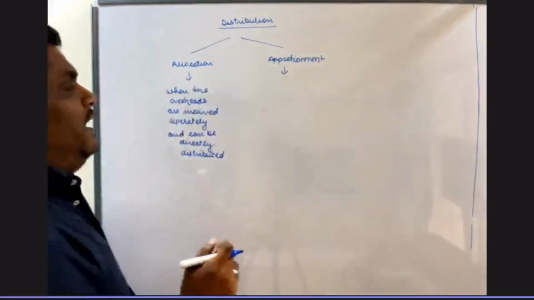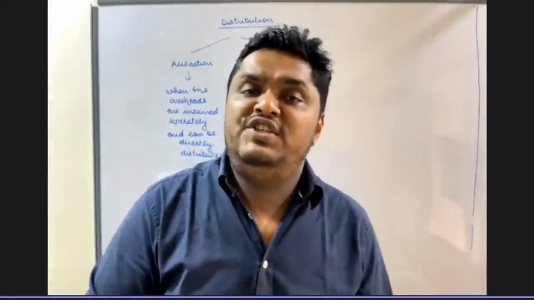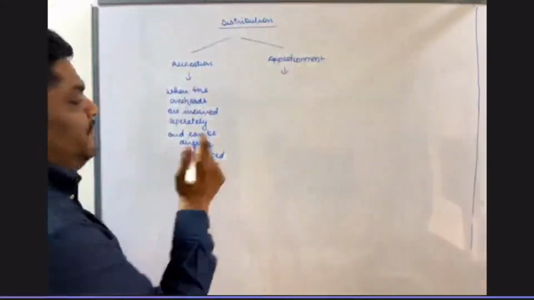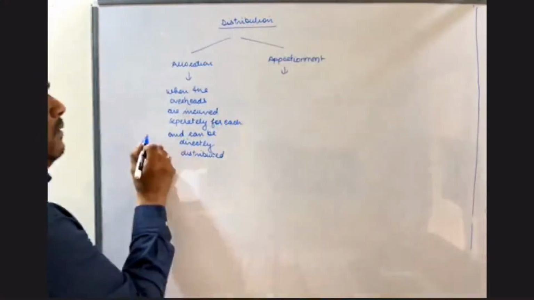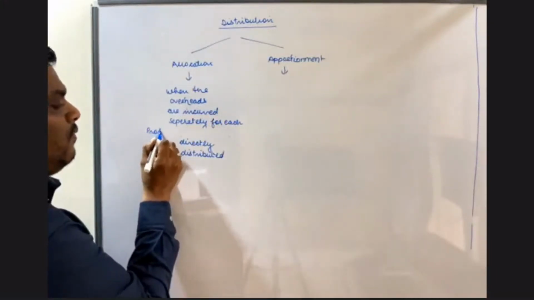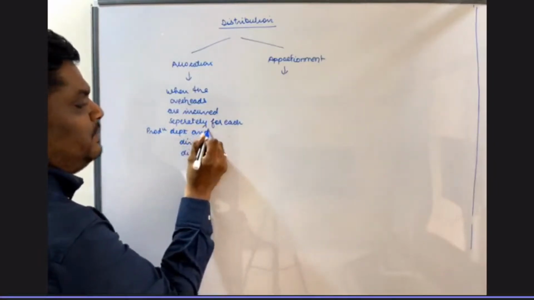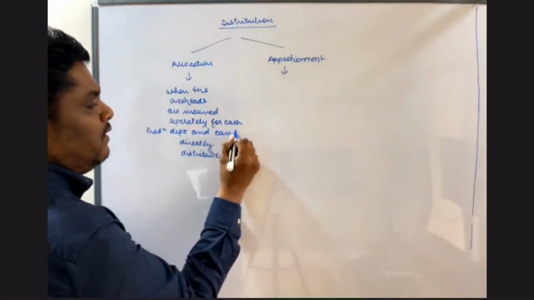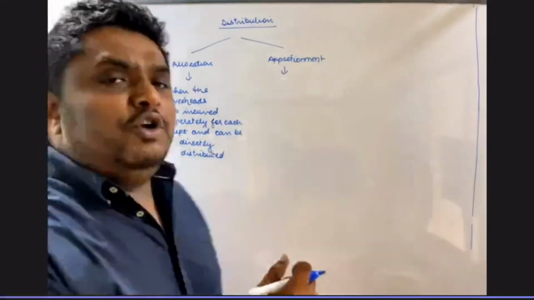It is allocation. I repeat again, when the overheads are incurred separately for each production department and can be distributed directly, it is allocation. But what about apportionment?